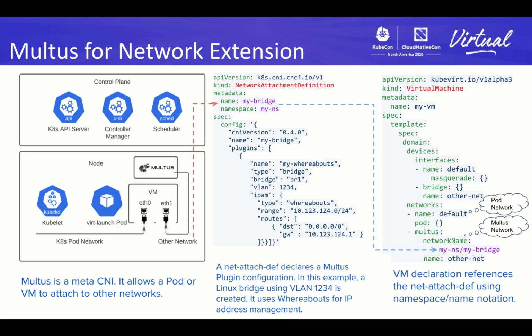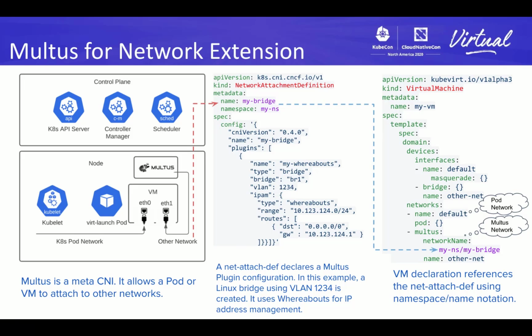KubeVirt uses Multus for a number of use cases. In this use case, we want to separate the networks so the virtual machines can use the default pod network to access Kubernetes native services such as the API server, and use another network for data management.